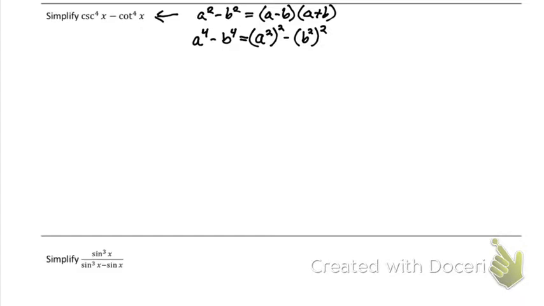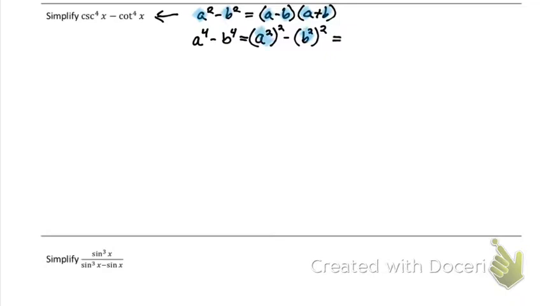This b squared is taking the place of this b value. So you can plug this in place of both of the a's, and you can plug this b in place of both of those b's. So once again, if this is a, b, and this is a, b, we're going to do the same thing with a squared and b squared.